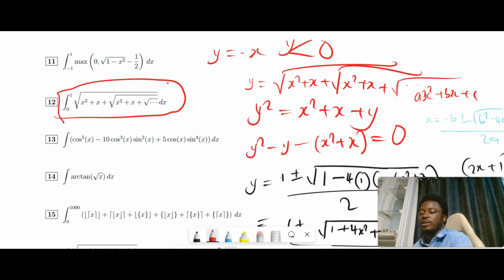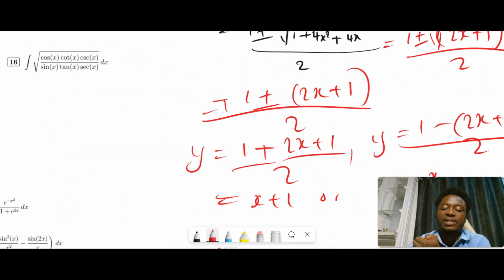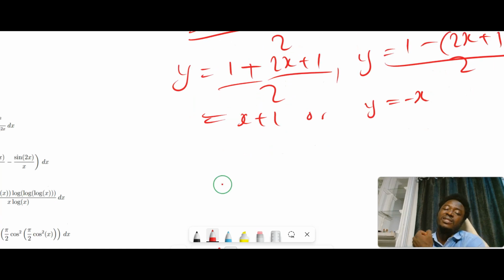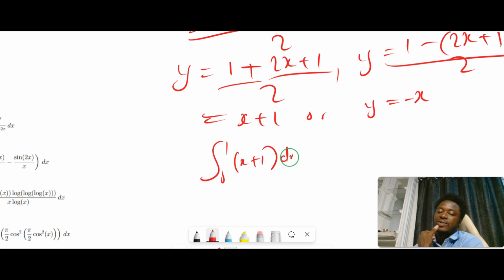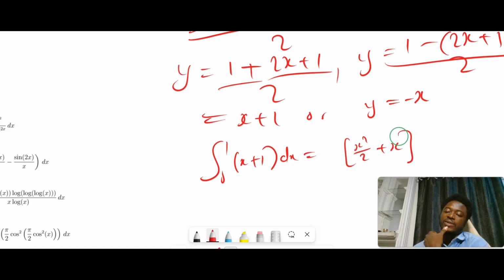So y has to be positive. So basically we have to take y to be x plus 1. So we're doing the integral from 0 to 1 of x plus 1 dx. That would be x squared over 2 plus x from 0 to 1, which is half plus 1. I think this is 3 halves.